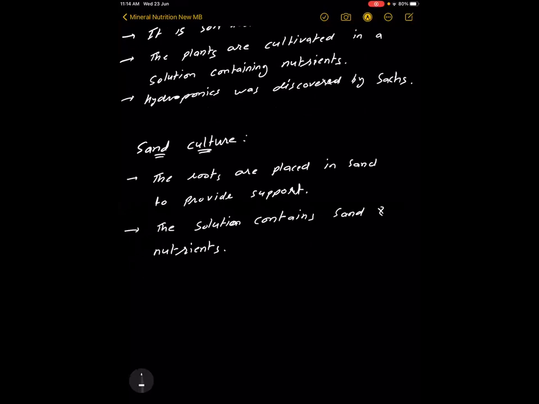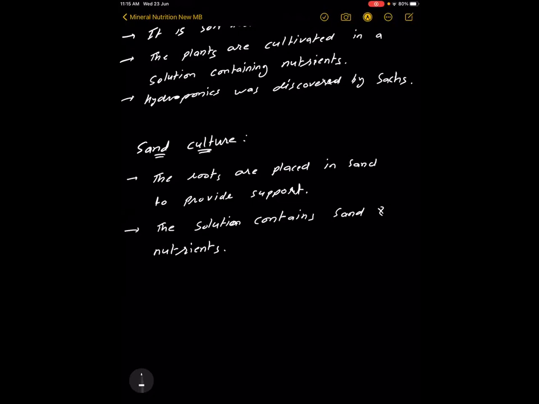One more type is aeroponics. What is aeroponics? Here the plants are in air, means they are tied with some support, and their roots are free in the air, and they are supplemented by mist.